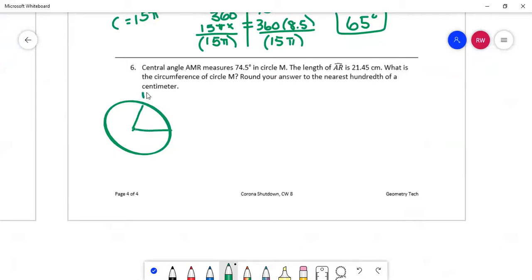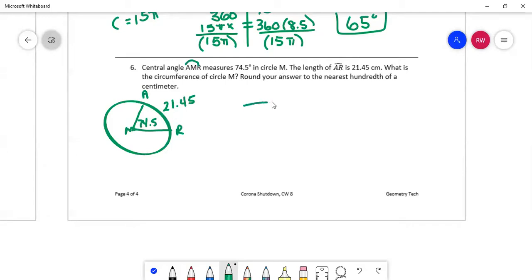M is the vertex, A, M, R. Central angle is 74.5. The length of arc AR is 21.45. You want to find the circumference, okay? So that's what it looks like. The reason I drew this picture is to show you that for angle AMR, the arc is going to be AR. It's going to be between A and R, okay?